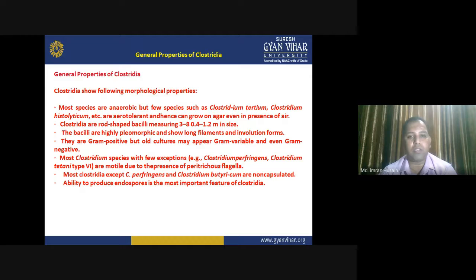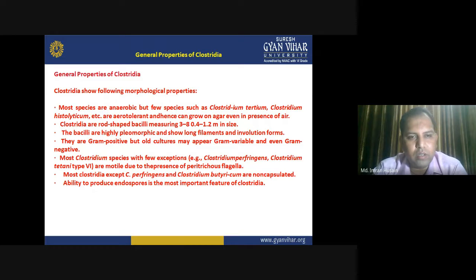Clostridia are rod-shaped bacilli, measuring 3 to 8 by 0.4 to 1.2 µm in size. The bacilli are highly pleomorphic, showing long filaments and involution forms. They are gram-positive, but old cultures may appear gram-variable and even gram-negative.